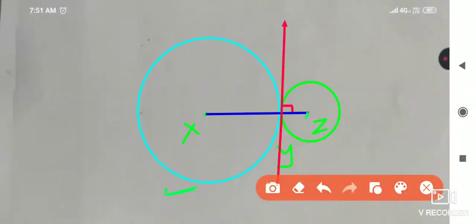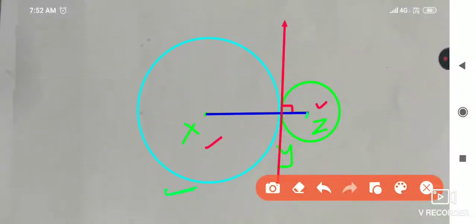From this we understand that if two circles are in the same plane, here the circle with center x and the circle with center z, and they intersect each other in only one point, the point of contact being y, they are said to be touching circles.